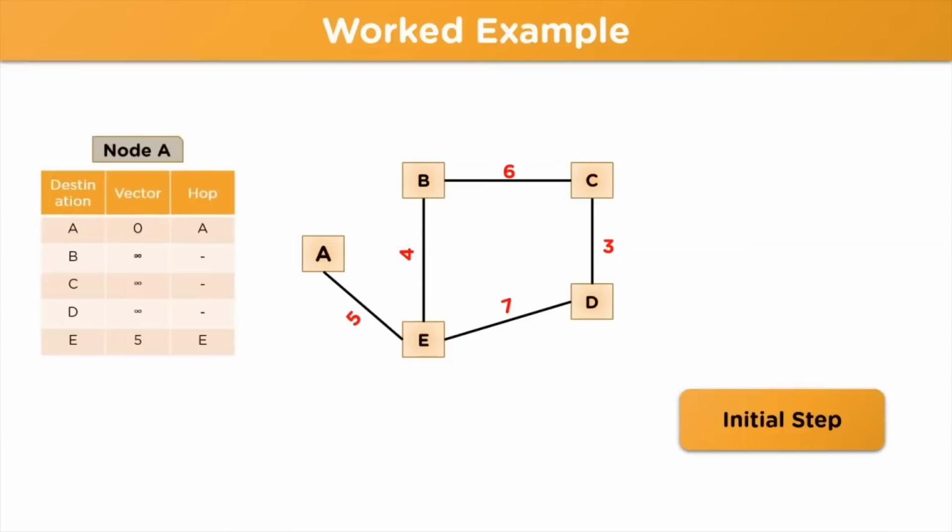This is the routing table for node A, where we have destination as A. That means the destination is A from node A, so the distance vector should be 0.